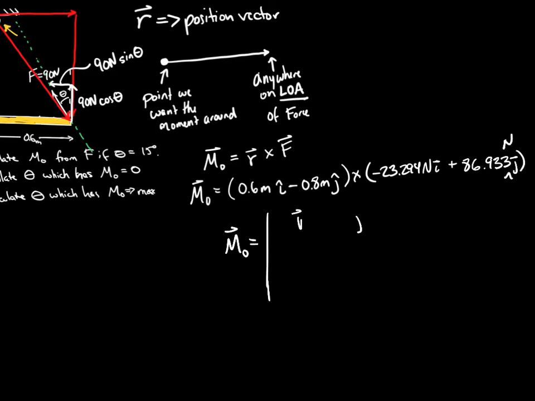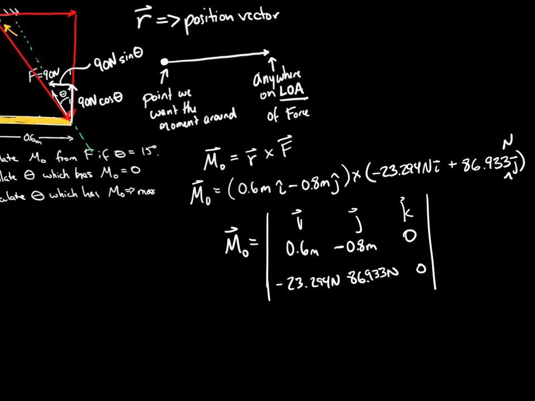So we're going to go I, J, and K. Since R is the first thing that we're working with, we normally do IJK. So 0.6 meters, 0.8 meters, 0 in the K. Then negative 23. Oh, this is a negative, excuse me, negative 23.294 newtons and 86.933 newtons and a 0. Now, some part of you might be going, well, why did we bother with the K here?